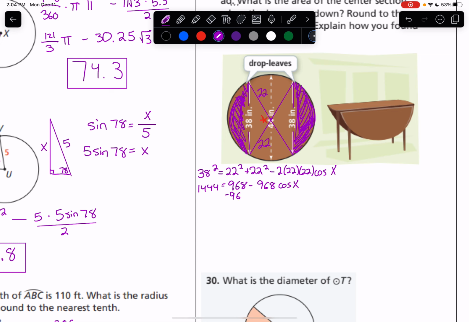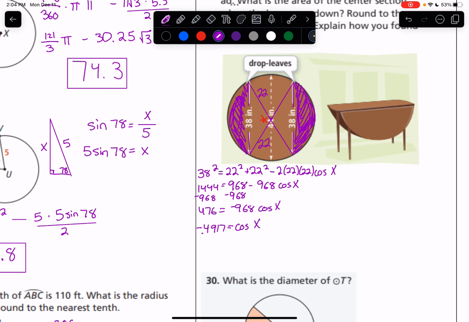Subtract 968 from both sides and we end up with 476 equals negative 968 cosine of x. Then we will divide both sides by negative 968. And when we do that, we end up with negative 0.4917 equals the cosine of angle x.